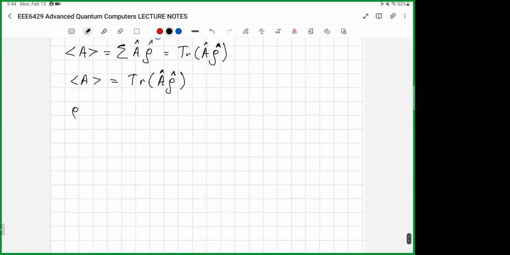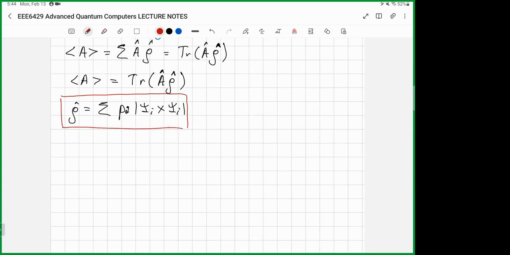And the density matrix by itself is nothing but the sum over these classical probabilities times this projection operator psi I, psi I. So let's frame these two formulas.